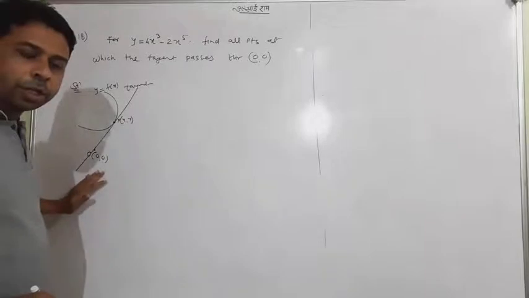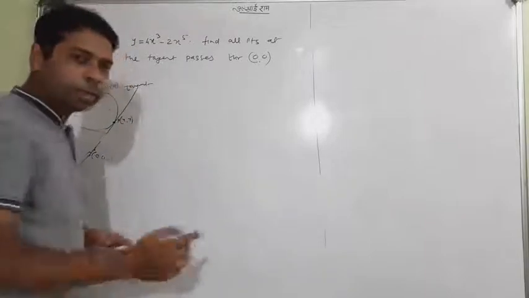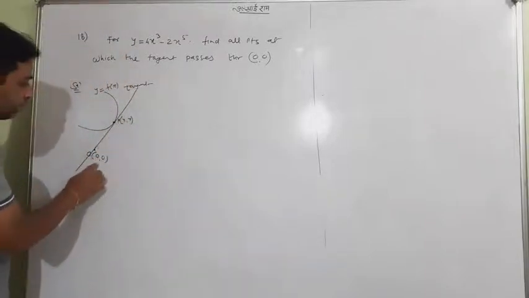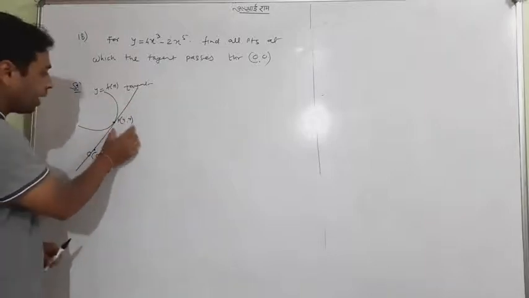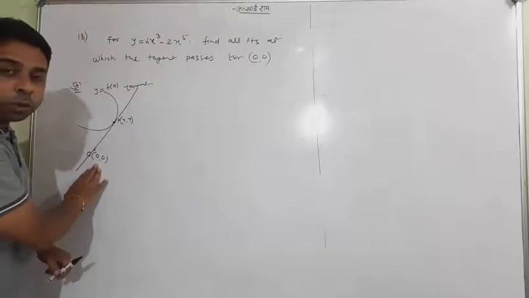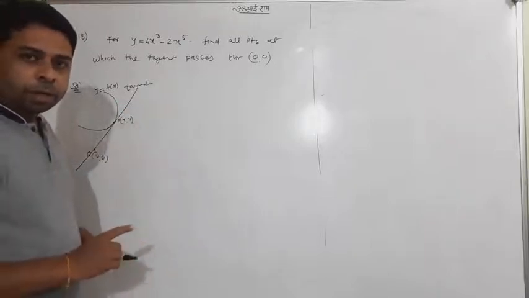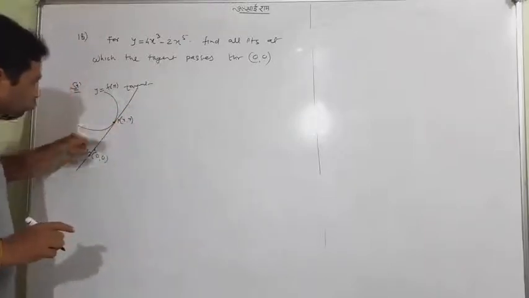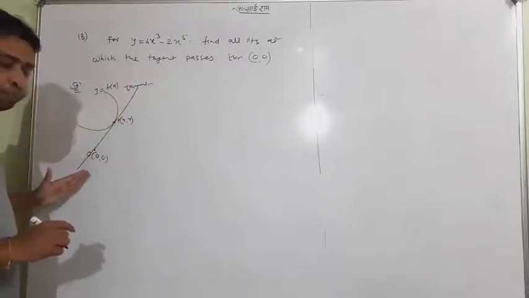So students, what we'll use here, let me explain: we have two points through which the tangent is passing. (x, y) is one assumed point, and (0, 0), which is the origin, is given. By these two points we can find its slope.